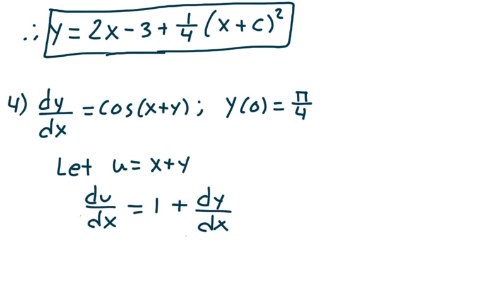Example 4. Suppose I have dy/dx is equal to cosine of x plus y, and we have an initial condition where y of 0 is pi over 4. And just like in the first 3 examples, I'm going to let u equal x plus y. du/dx is 1 plus dy/dx. And I want to isolate that dy/dx.